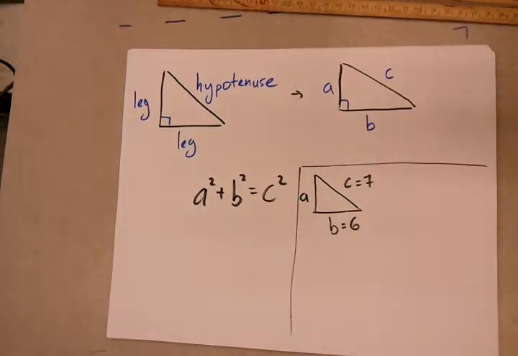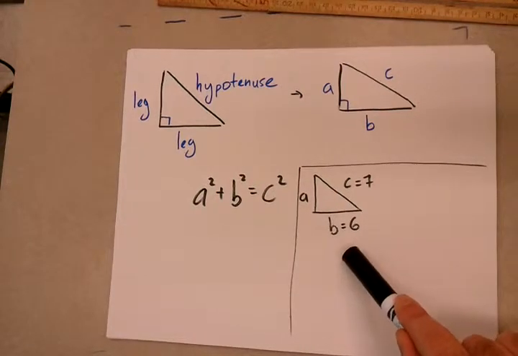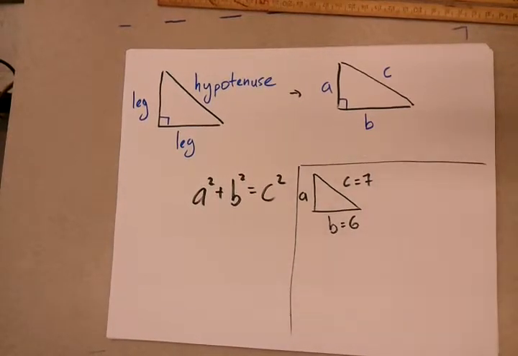So we don't know what A is. Every single Pythagorean problem starts like this. You have a triangle, two of the sides are known, one is missing. In this case, we know one of the short sides, we know the hypotenuse, we're missing the other short side, the shortest side technically.